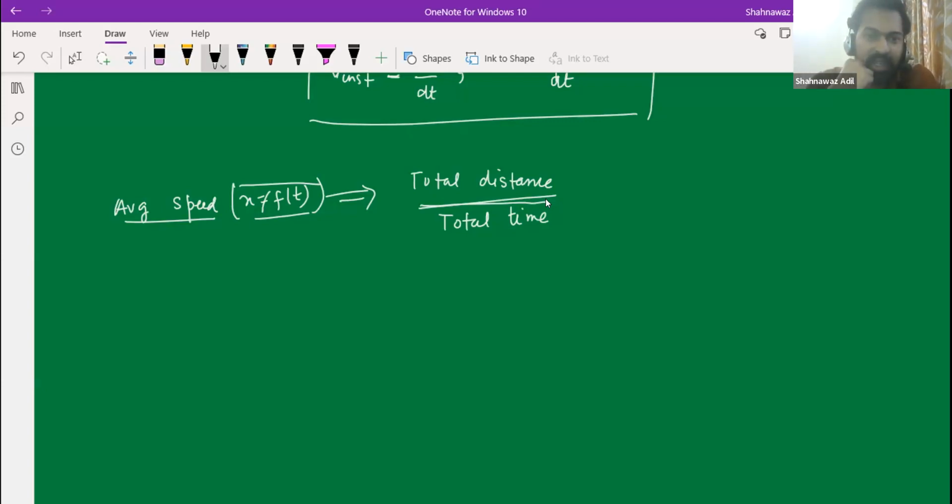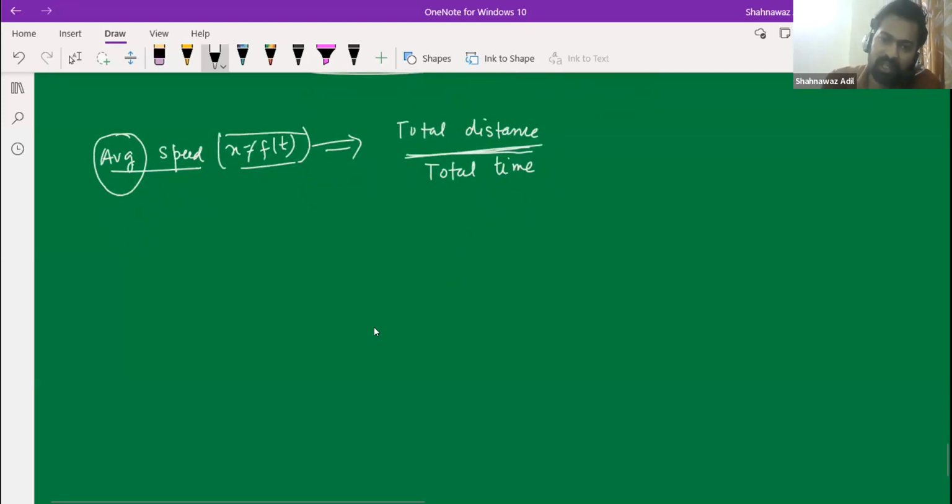We have to be very careful with this average definition. This average is total distance by total time, right? And we will see the scenario in which the average speed would be V1 plus V2 by 2. So let's say we have a two-part journey. In the first part, the speed is V1.